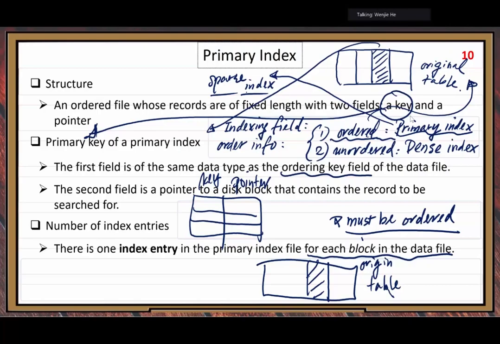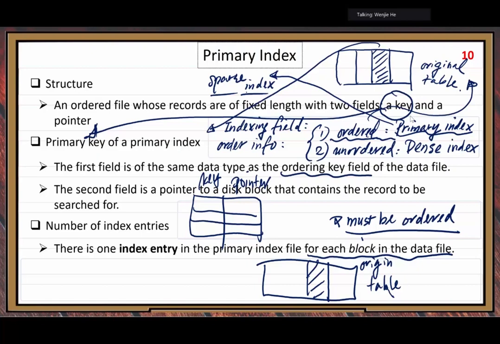The second field is a pointer to a disk block. I need to explain the structure of disk block later. A pointer to a disk block that contains the record to be searched for. So here you can see a pointer to a disk block.